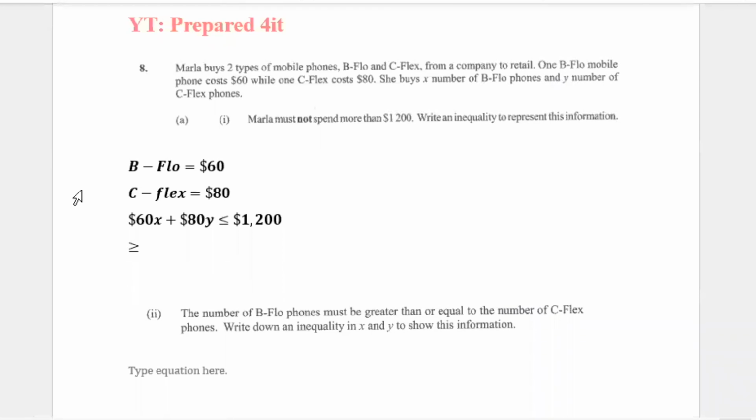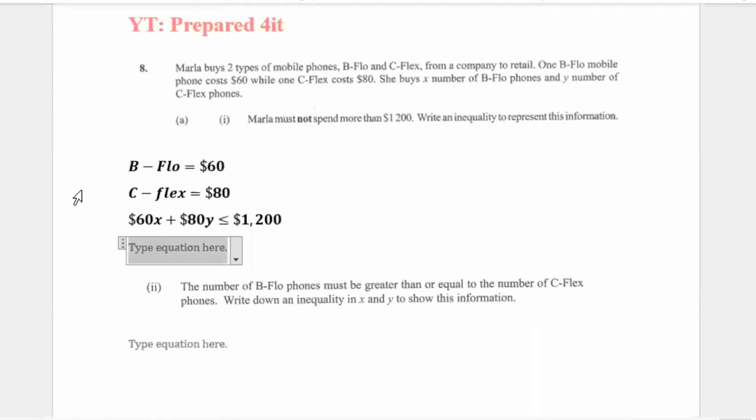Sir, it said the 60X plus the 80Y should not be more than the 1,200. You would only turn the sign if they had said that she can spend more than the 1,200.